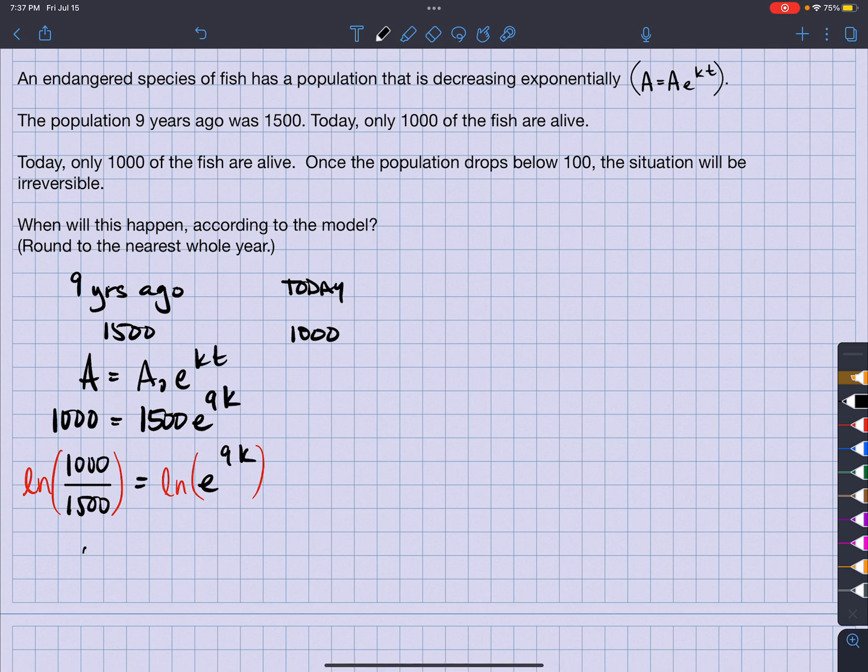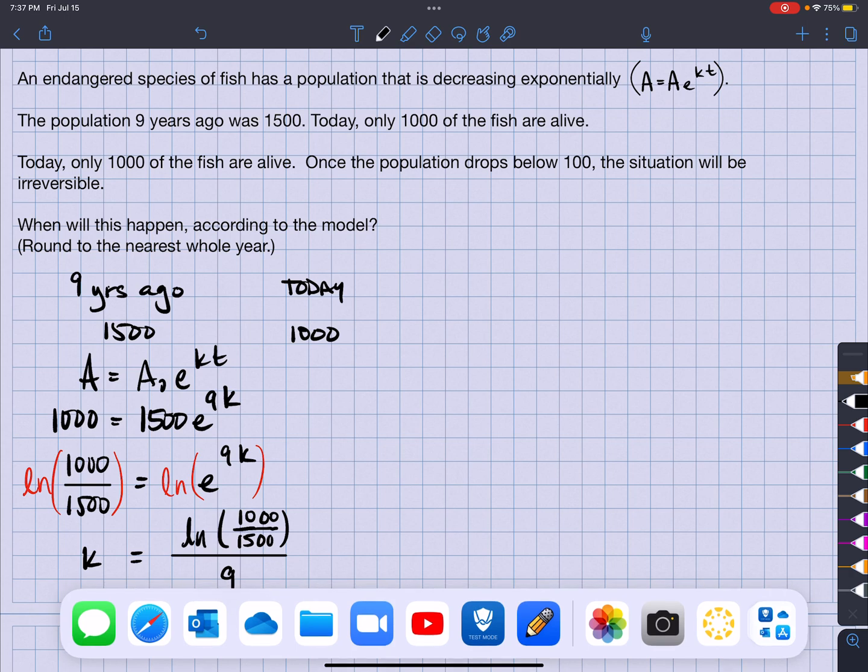So k is actually going to equal the ln of, I can reduce this to 10 over 15. Actually, you know what? Let's write this whole thing out as 1,000 over 1,500, divided by 9. All right, so that's my k.